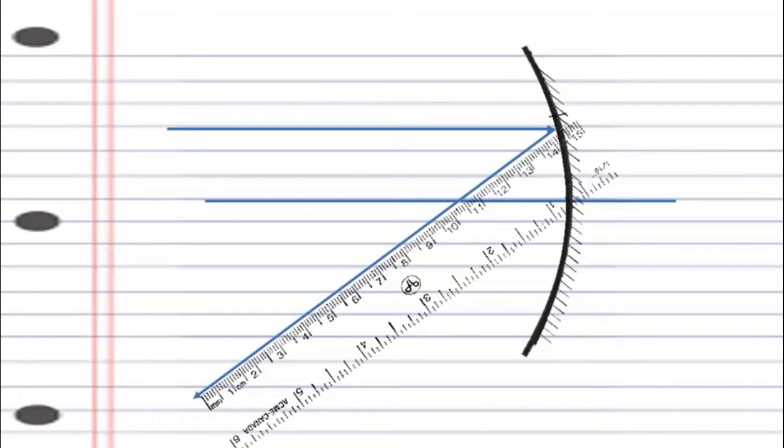So if you consider this as a plane mirror, and if you keep a protractor here, its perpendicular will come somewhere like this. So angle of incidence should be equal to angle of reflection, and therefore it bends on the other side.